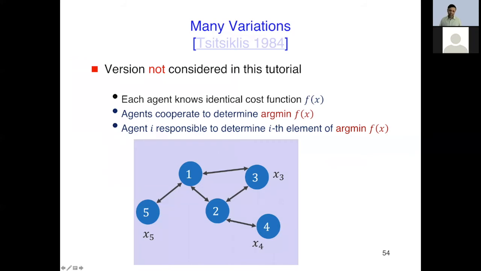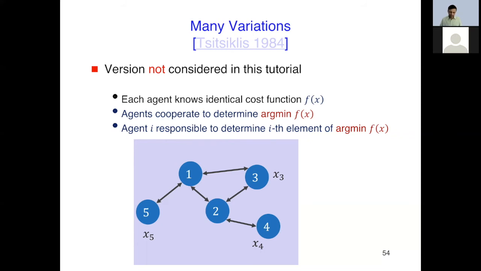For this particular architecture, there are, in fact, at least 2 types of solutions that have been developed. Here is one version that is quite interesting, but we won't discuss it in this tutorial. In this version, there is just one cost function, let's call it f(x), and the agents cooperate to compute the argmin of f(x). f(x) is not a summation of f_i(x) anymore in this version.